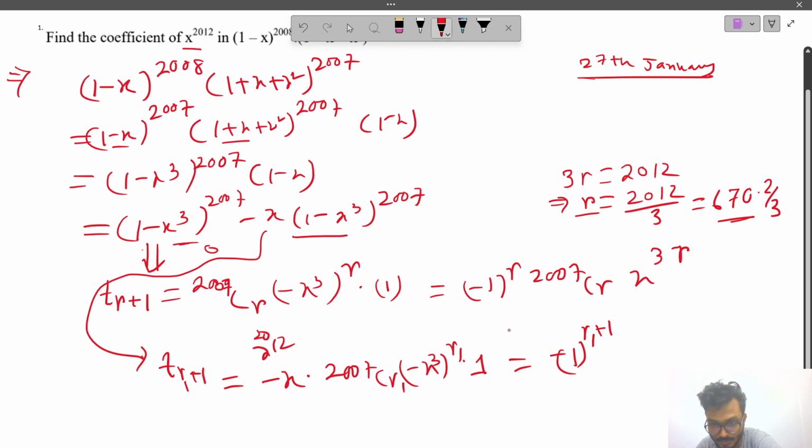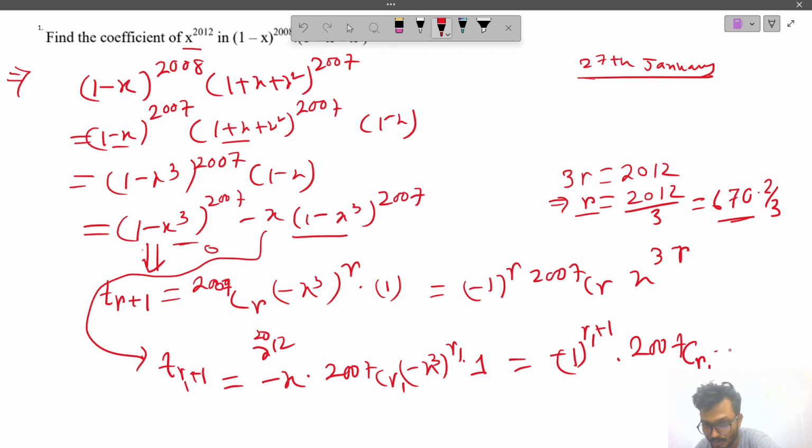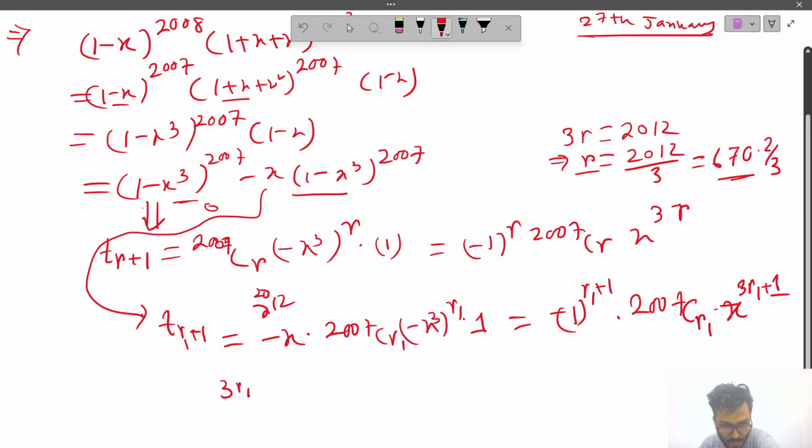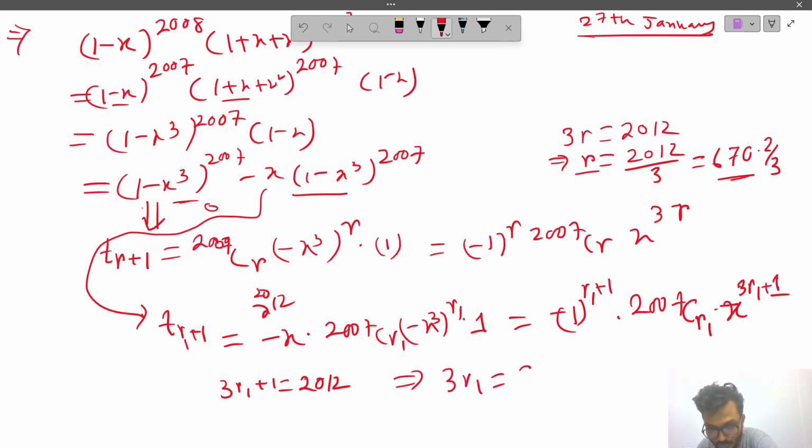So (minus 1) to the power r1 plus 1 into 2007 C r1 into x to the power 3r1 plus 1, the power of this x being 3r1 plus 1. So for this case, what do we have to find? 3r1 plus 1 equals 2012, because we need the coefficient of x to the power 2012. So 3r1 equals 2011, r1 equals 2011 divided by 3.